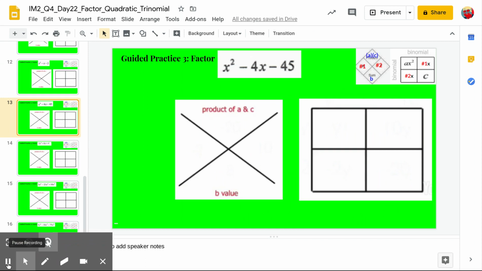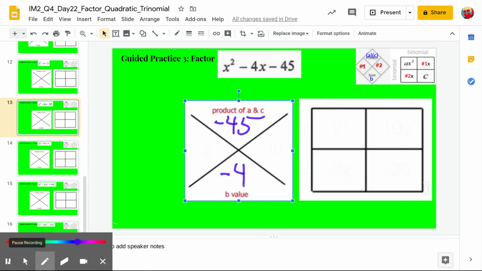Now we have x squared minus 4x minus 45. What's AC and what is B? AC is negative 45. 1 times negative 45 is negative 45, and your B value is negative 4. Now tell me, what are the two numbers that multiply to give you negative 45 and at the same time add to give you negative 4?